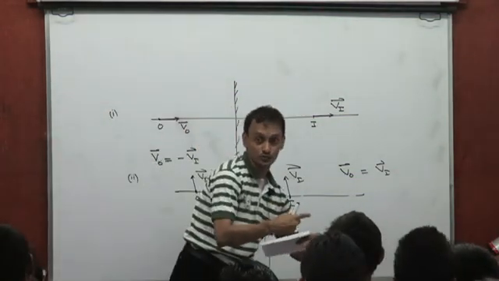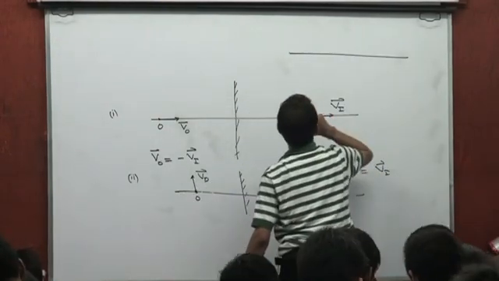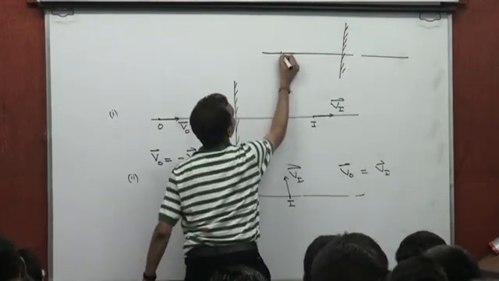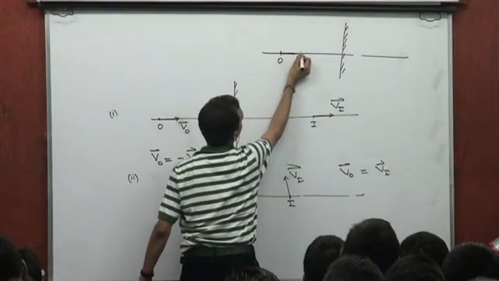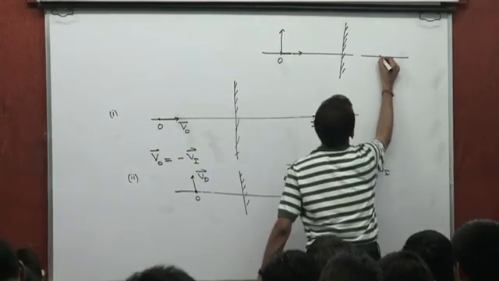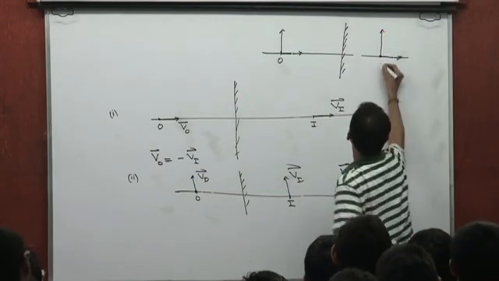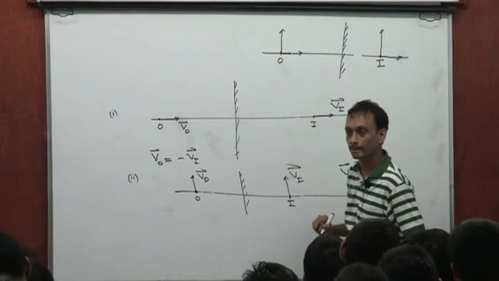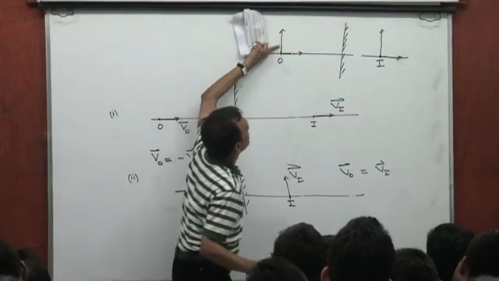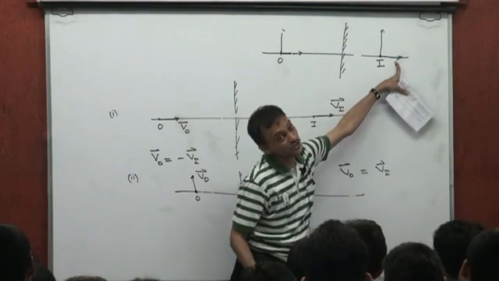Now a combination of the two, right? Which means this has a velocity like this, this has a velocity in this direction, and the image has a velocity in this direction, right? Then this you can equate to this, and this must be negative of this vectorially.